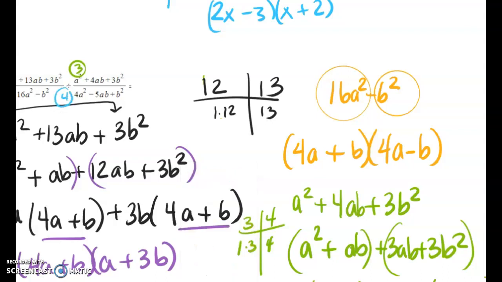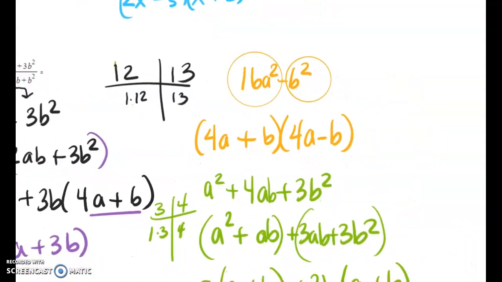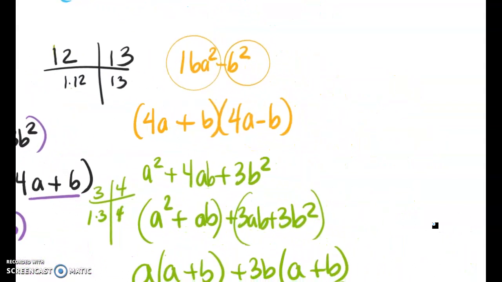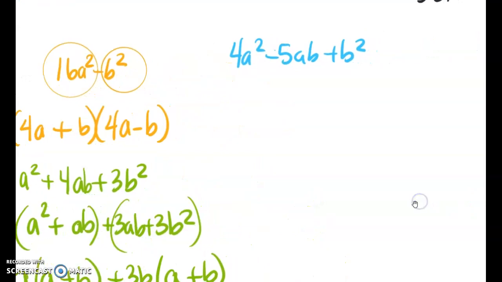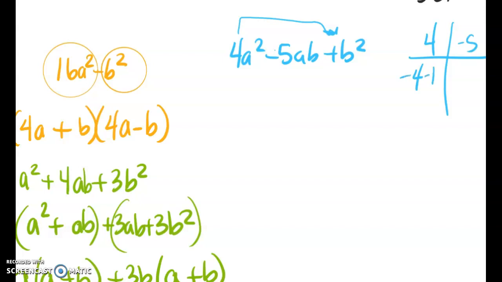So this one here, I'm going to write it over to the side here. It's 4a squared minus 5ab plus b squared. And again, this is 2 variables, does not have an a equal to 1. So if you were to multiply this by the c, you would want factors of 4 that sum to negative 5. The factors of positive 4 that sum to 5 are negative 4 times negative 1.